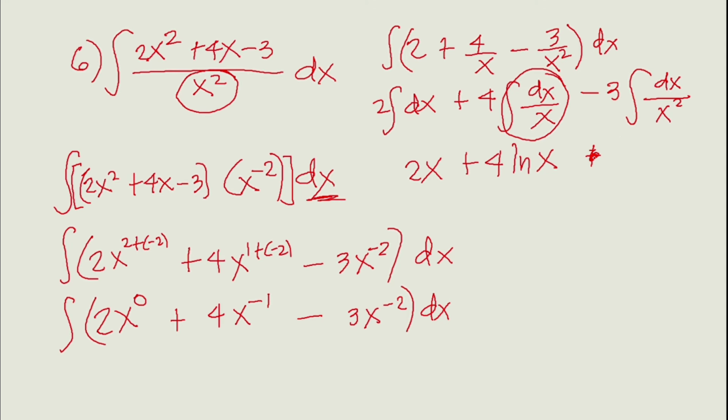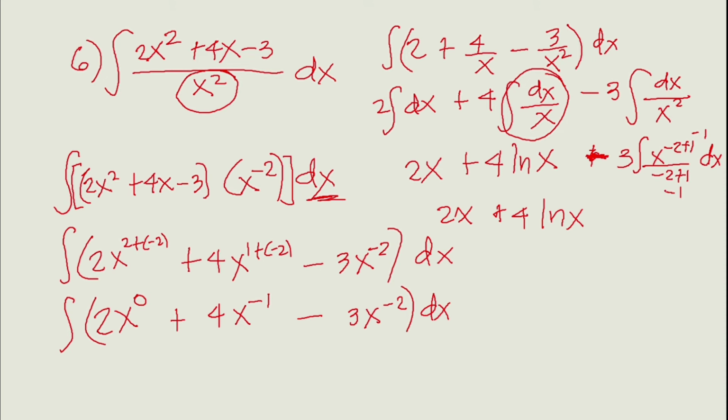Alright, so we have here minus 3. We could have integral of x raised to negative 2 plus 1 over negative 2 plus 1 dx. So we have here 2x plus 4 ln x. So this is negative 1, and this is negative 1.